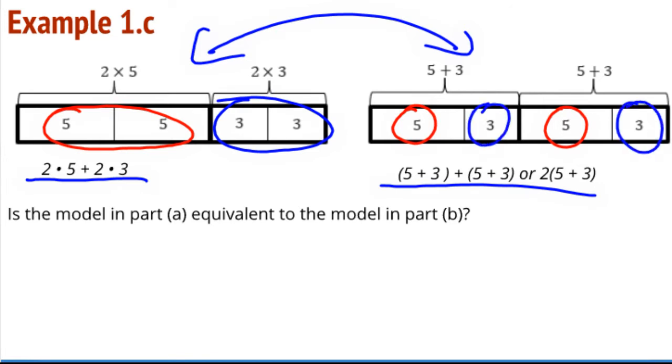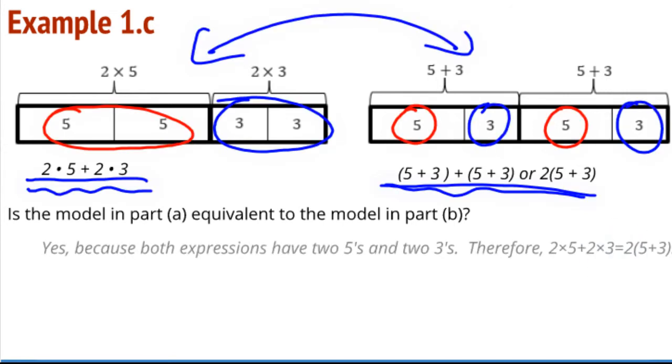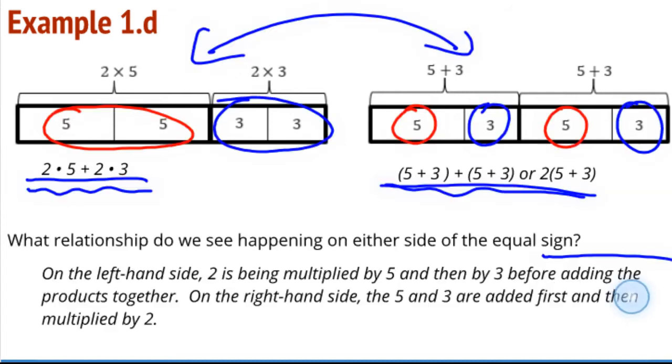These models are representing the same value, which means these expressions must be representing the same value. So yes, they are equivalent because both expressions have the 2 5s and they both have the 2 3s. So here we have a statement of equivalency, that these two expressions are talking about the same thing.